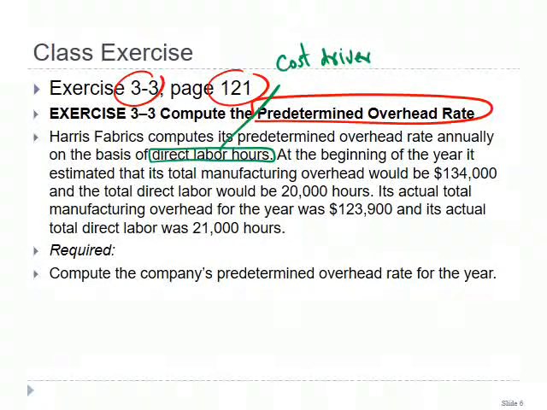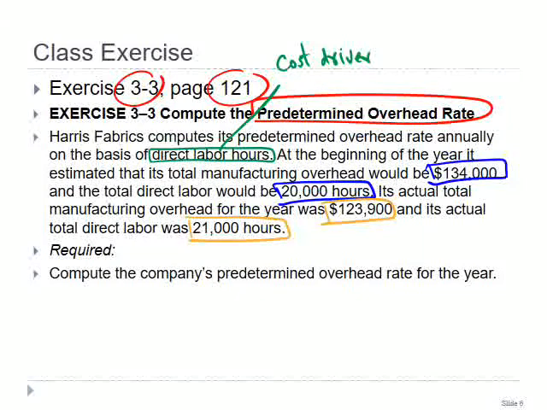At the beginning of the year, it estimated that the total manufacturing overhead would be 134,000, and the total direct labor hours would be 20,000 hours. Its actual total manufacturing overhead for the year was 123,900, and its actual total labor hours was 21,000 hours. You are required to compute the company's predetermined overhead rate for the year.